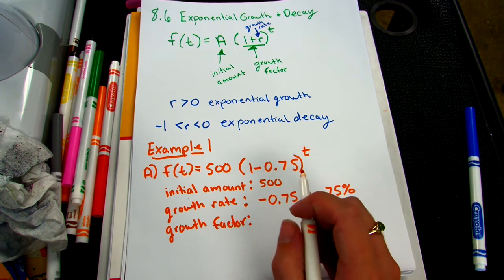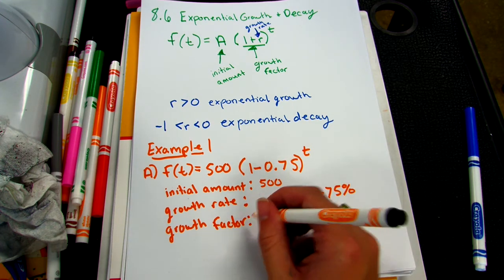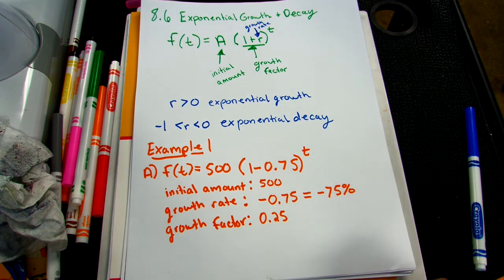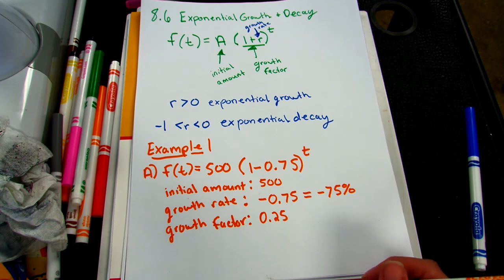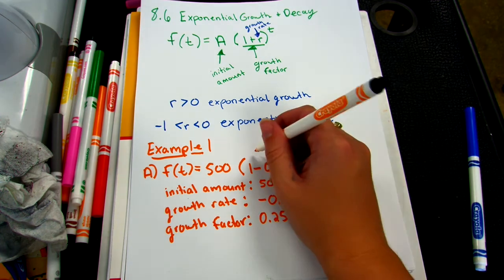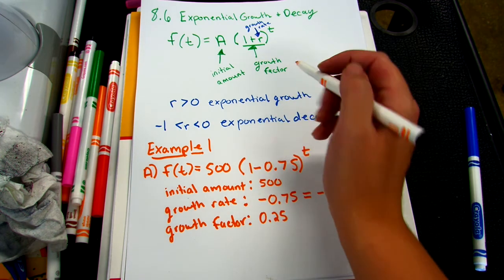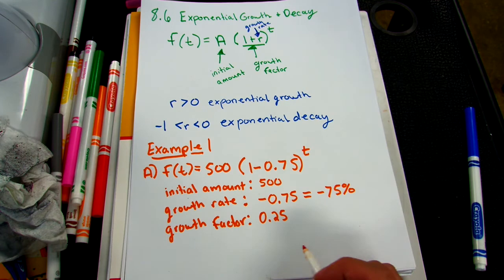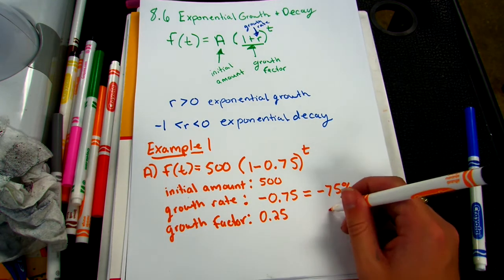So our growth factor would be 0.25. Then it wants to know, is it an exponential decay or an exponential growth? Since this is minus, remember, if our R is negative, if it's less than 0, then we have an exponential decay. So we have a decay.